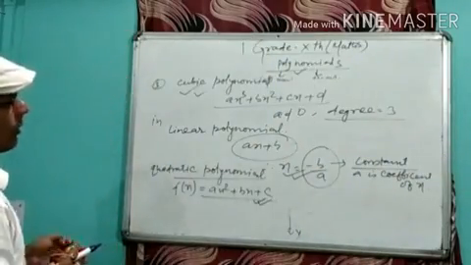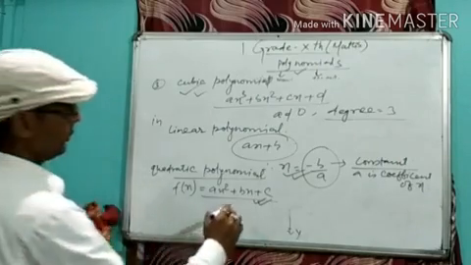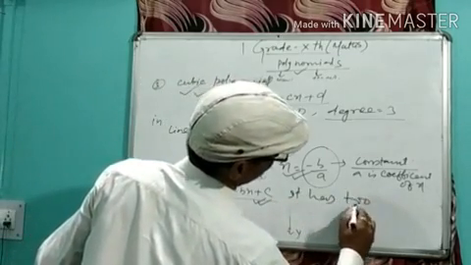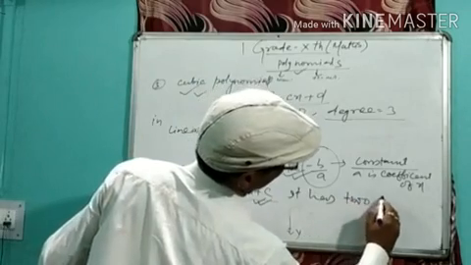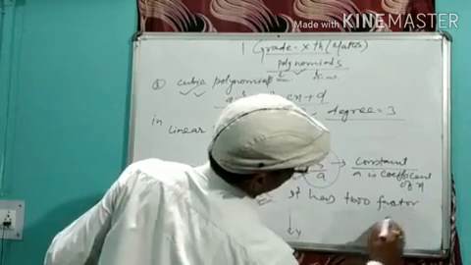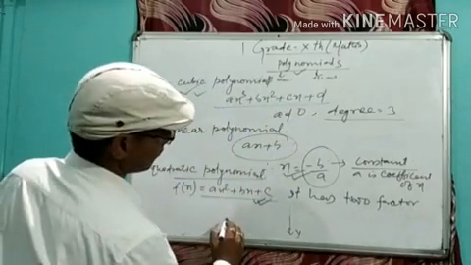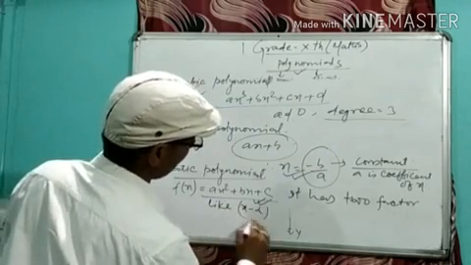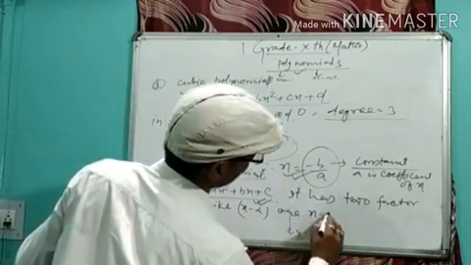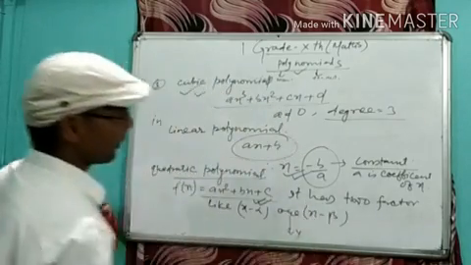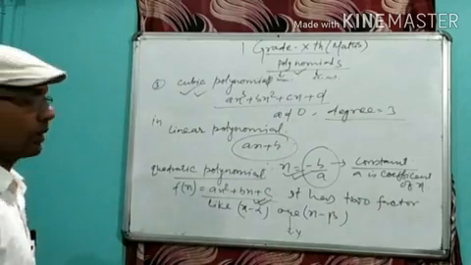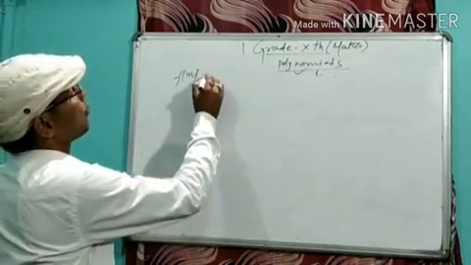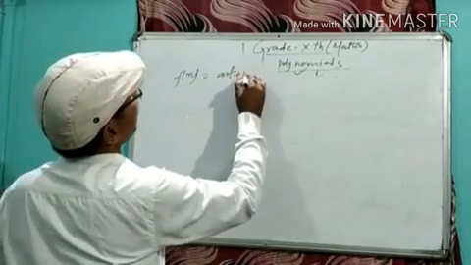Quadratic polynomial, here it has two factors like x minus alpha and x minus beta. Okay, I am going to erase the blackboard. f(x) is equal to ax square plus bx plus c.